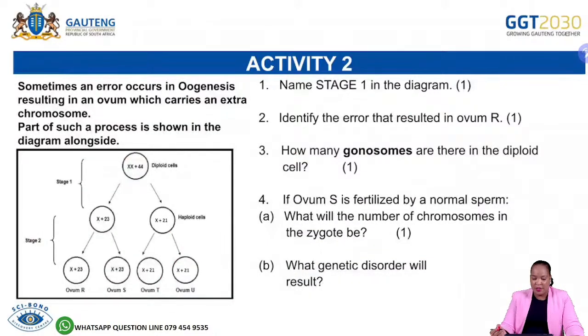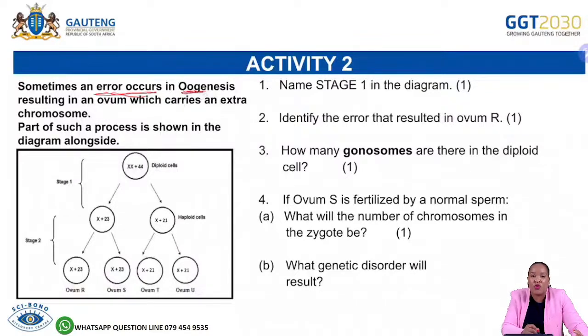Then we move to activity 2. This activity, I would like for us to go through the diagram first and the scenario. What do we have here? So let us check. Sometimes an error occurs. You've spoken a lot about these errors earlier on during the first session with my co-partner Vedika. In oogenesis. Now oogenesis, if you have not done that with your teacher, it is the formation of an ovum.